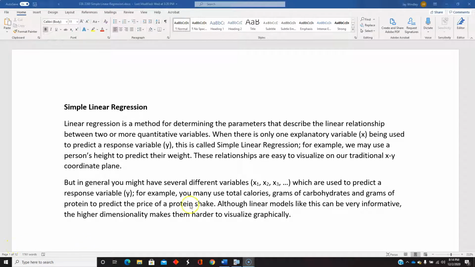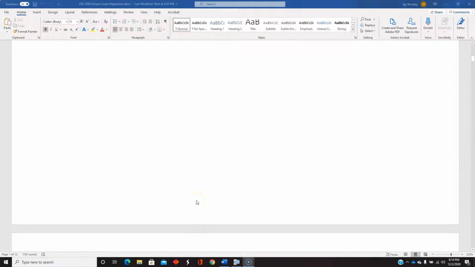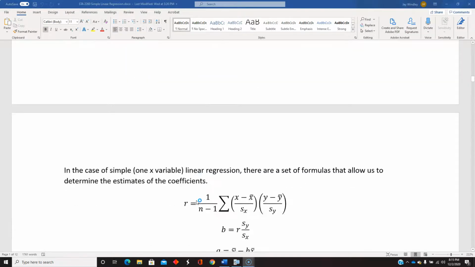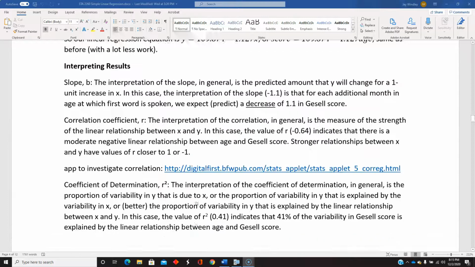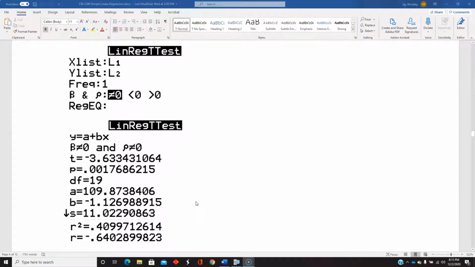Okay, so just to revisit this problem on age at first word and Gesell score, and really just to recap the important numbers from the linear regression t-test.